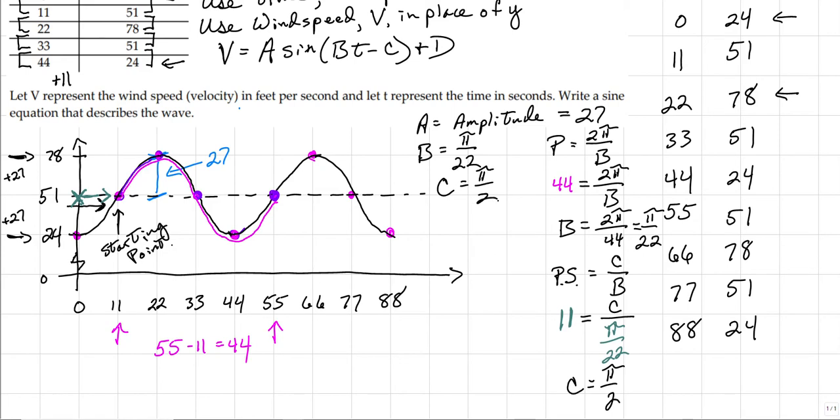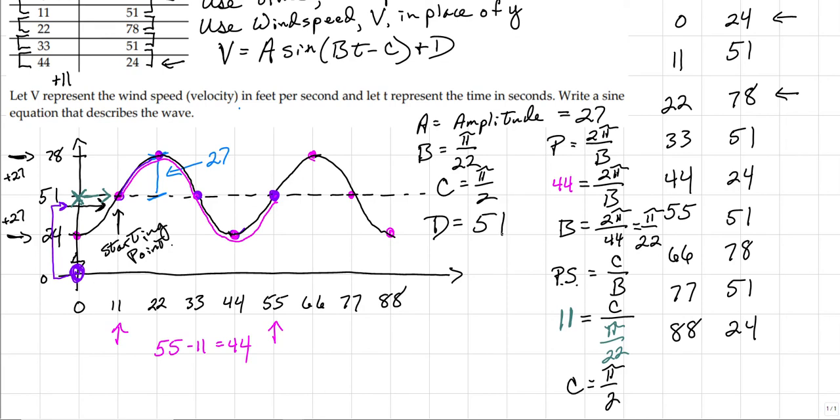Which means that I still need to know what D is. D is your vertical shift. You're up or you're down. This is most definitely shifted up, so it's going to be a positive value, but how far has it shifted? Well, if we start our traditional sine curve down here at this point, we'll see that this thing has shifted up to here, and that would be a vertical shift of 51.